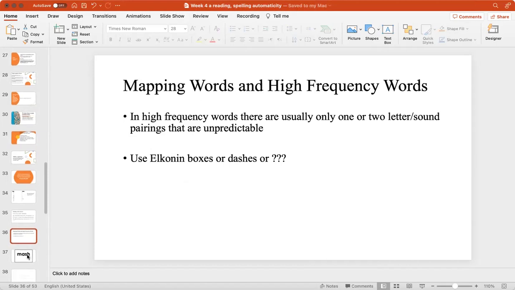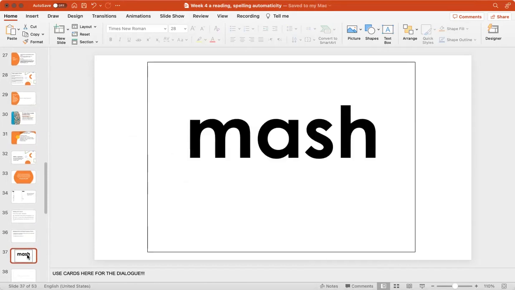I think this is something I talked about, but I want to show you. So we have the word mash. And what you want to do is you want to be able to say, when I listen to the word mash, how many sounds are in the word mash? So, Madeline, in the word mash, how many letters are in the word mash?